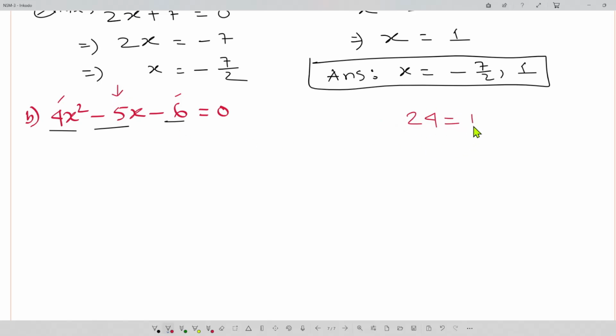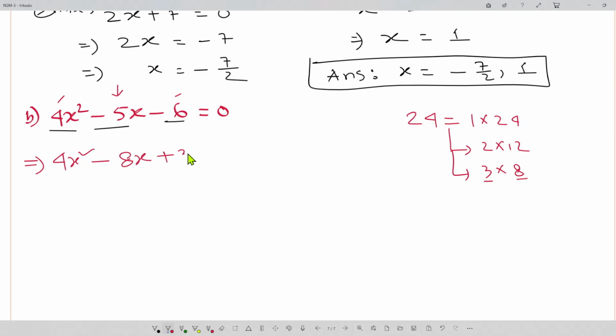If we factorize, 1 times 24 is 24, same 2 times 12, 3 times 8 is 24, and interesting thing, 8 minus 3 is also 5. In this case we can write 4x² − 8x + 3x − 6 = 0, right? Now cross check: 8 times 3 is 24 and −8 + 3 is −5.